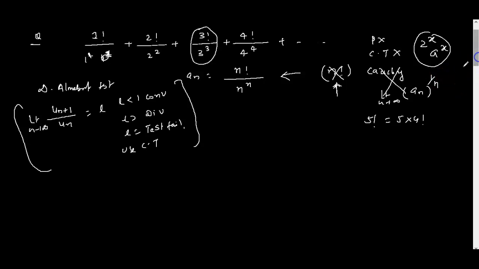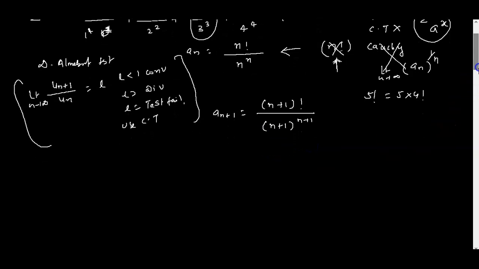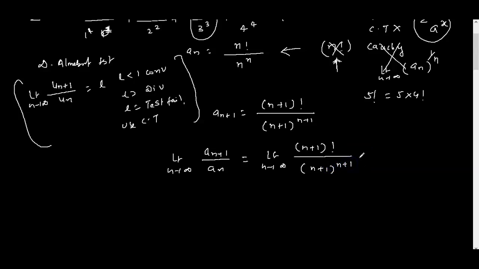Okay, so now you can find the next term, the n plus 1 term. Tell me that: n plus 1 factorial divided by n plus 1 to the power of n plus 1. Now you can write a of n plus 1 divided by a of n, limit of n tends to infinity. So the limit of n tends to infinity of n plus 1 factorial divided by n plus 1 to the power of n plus 1, into, because I write this one divided by, it will go up, right?